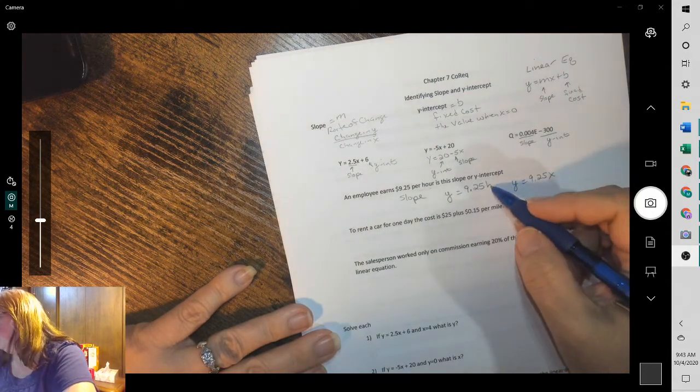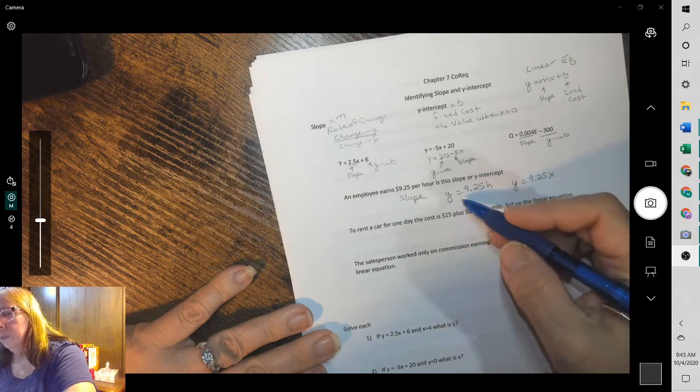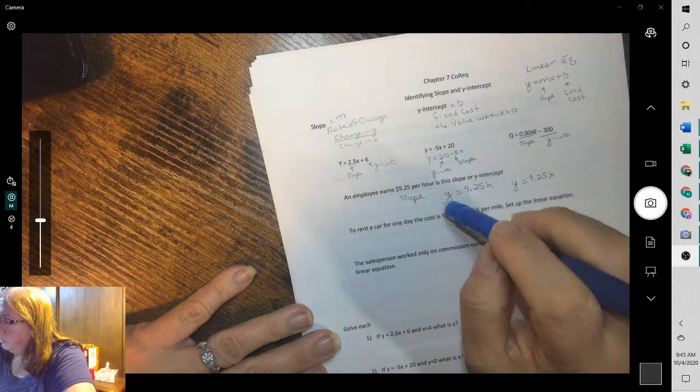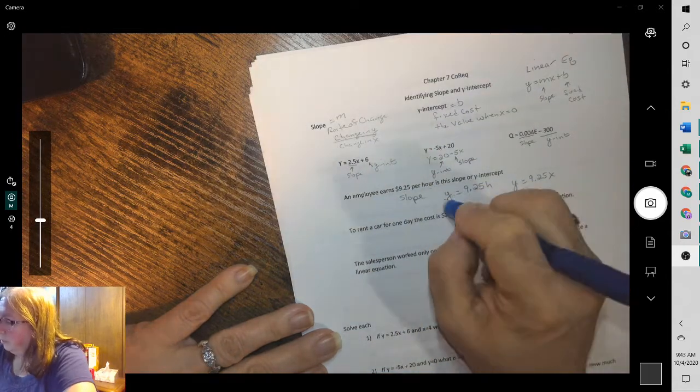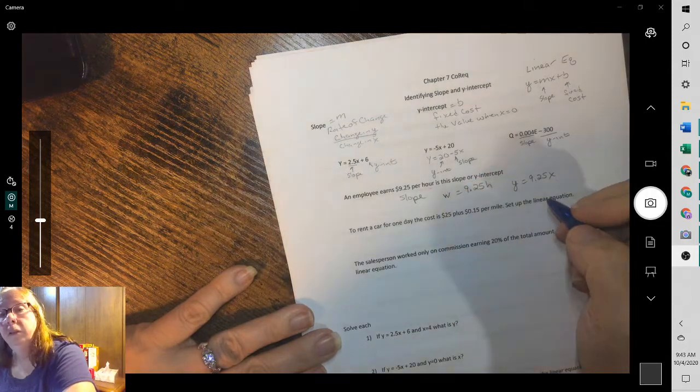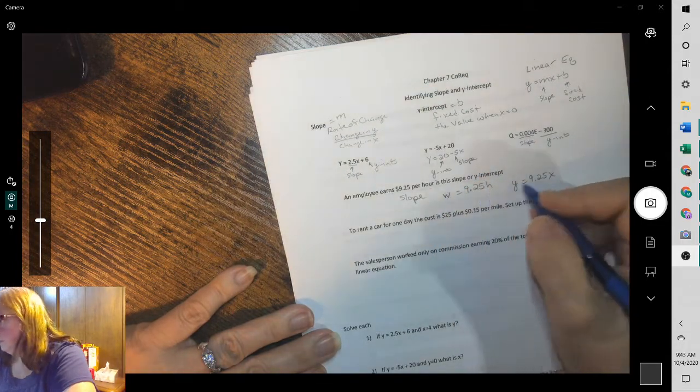It's nice to use variables that stand for something in the problem, but you don't have to. Just like 9.25 an hour, then this would be wage, so we could use W for wage. But either way is fine.